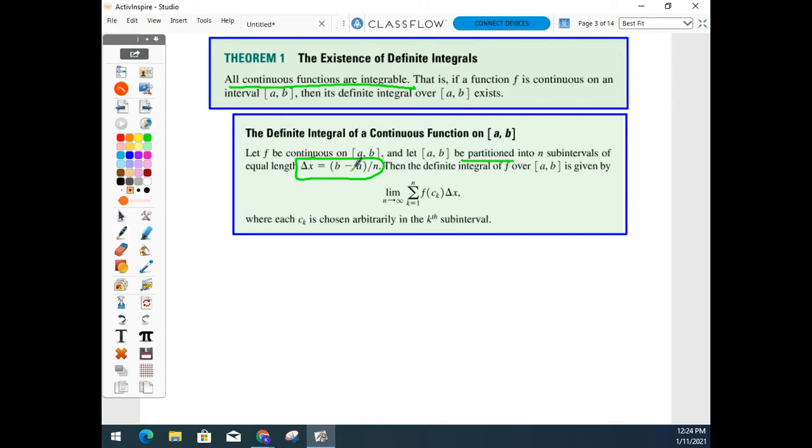Does it make sense that if we send n to infinity, we're finding as many sums as possible in that interval and adding it all up? And so the integral is just sending the number of partitions to infinity, that we take every single possible number of partitions, okay? All right, so this still doesn't quite make sense, so don't freak out yet.